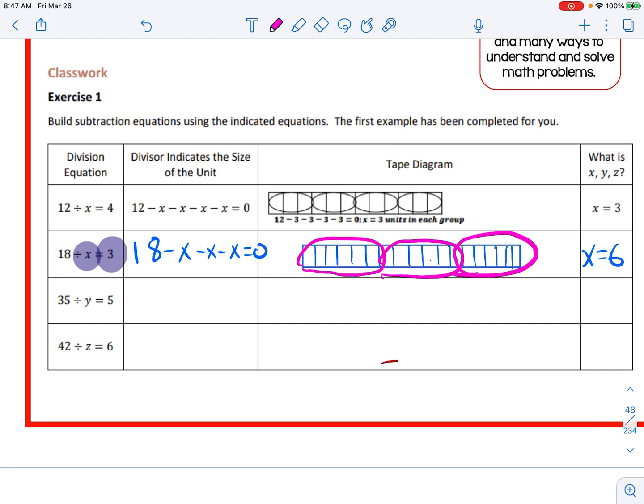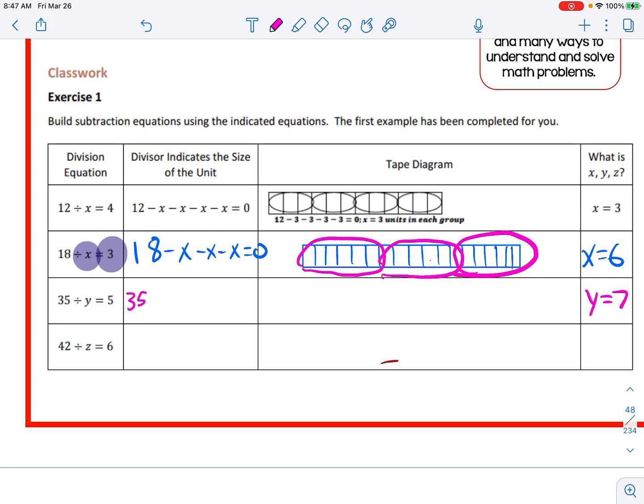Now, we have 35 divided by y equals 5. So what is y going to be in this situation? Well, y is going to equal 7. So we have to subtract y from 35 7 times in order to get to 0.